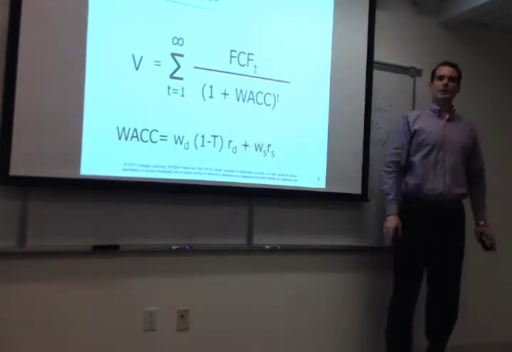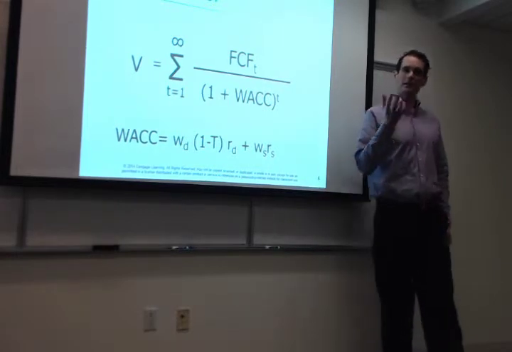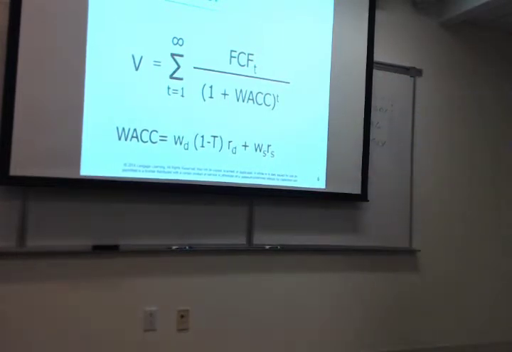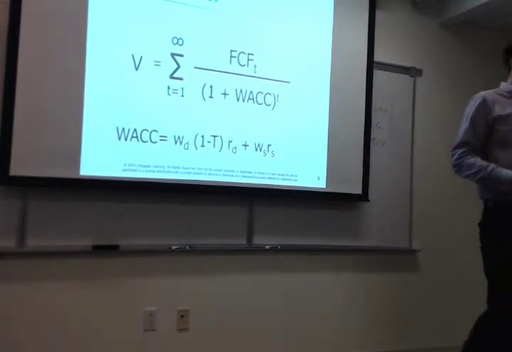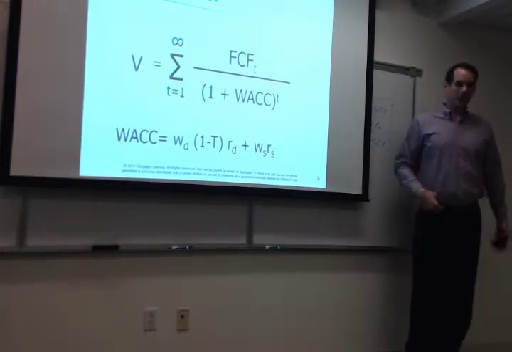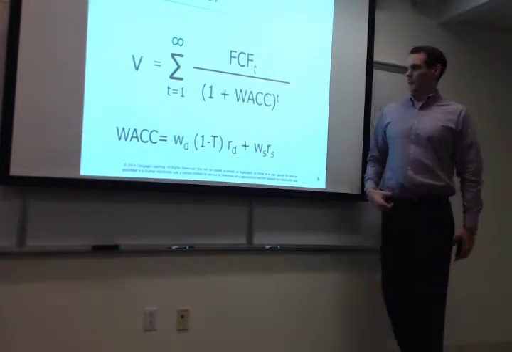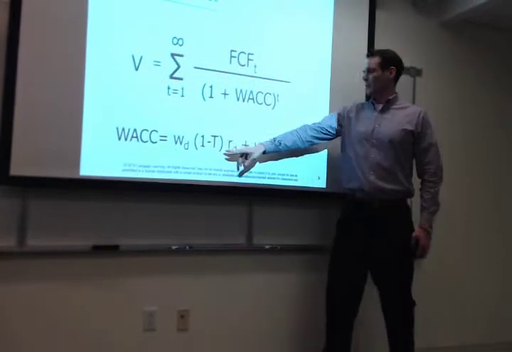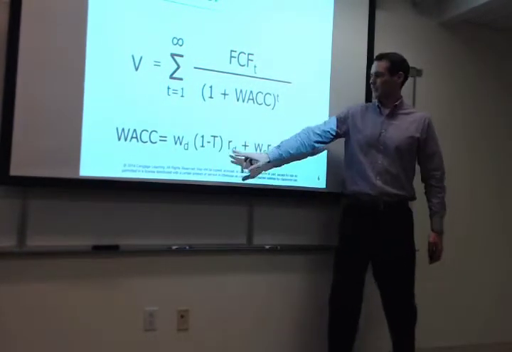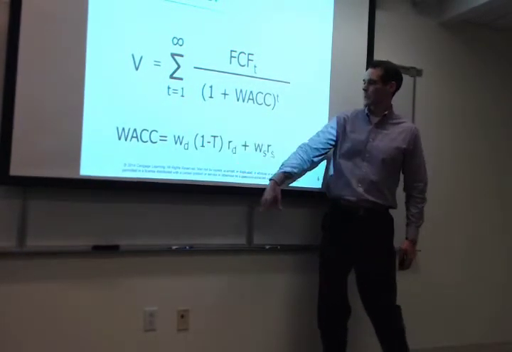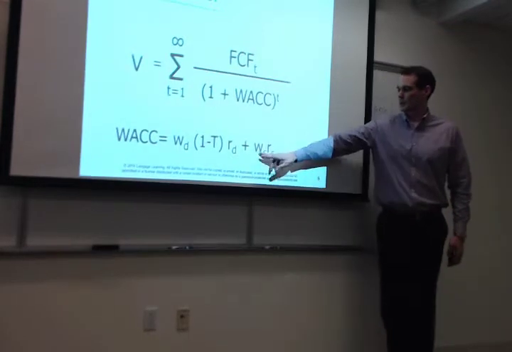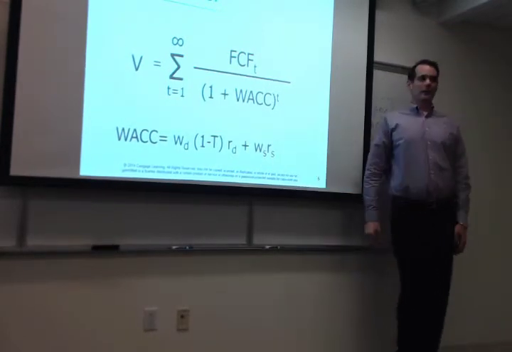Increases. Yes. I'm going to go through that one more time just because of the pivotal importance, and I know it's late. If you have that clearly in your head, you're going to enjoy the rest of this lecture more. So, weighted average cost of capital is the weight of debt times, with the tax advantage, the cost of debt plus the weight of stock times the cost of stock.